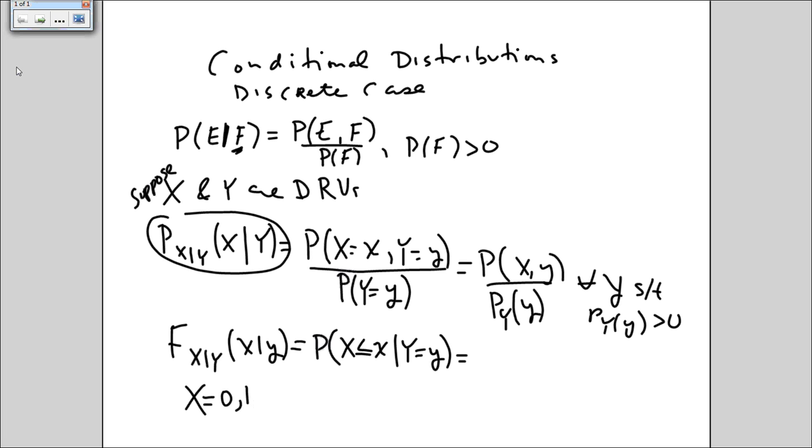It takes on 0, 1, 2, 3, even forever, or up to 100. But let us concentrate on 4. Little x is 4.